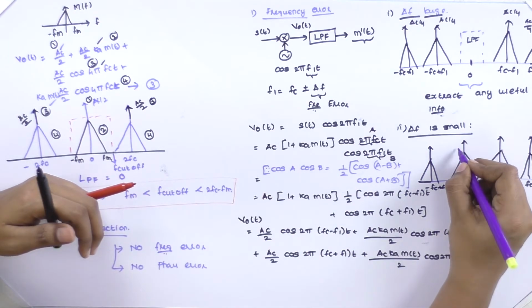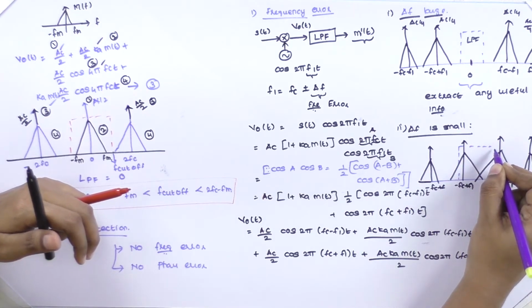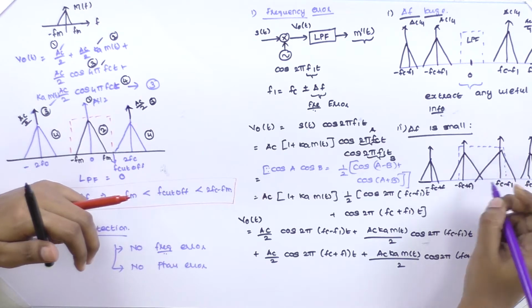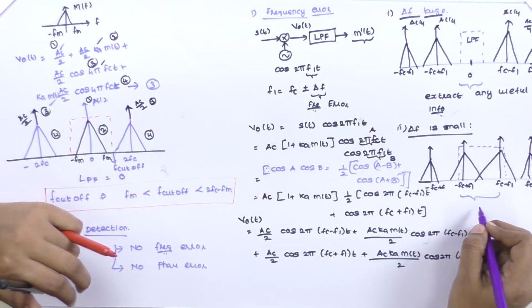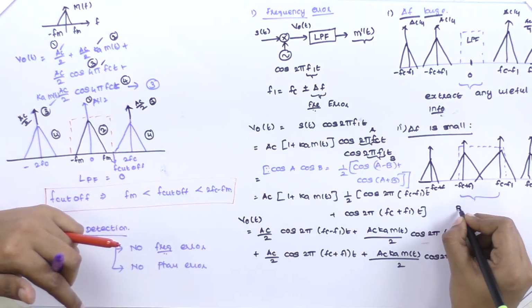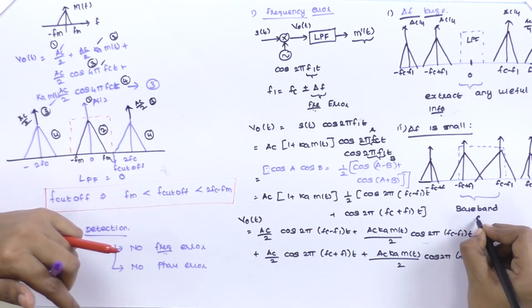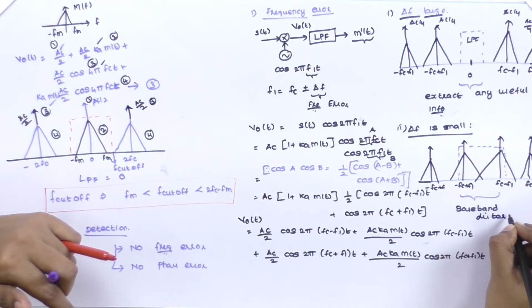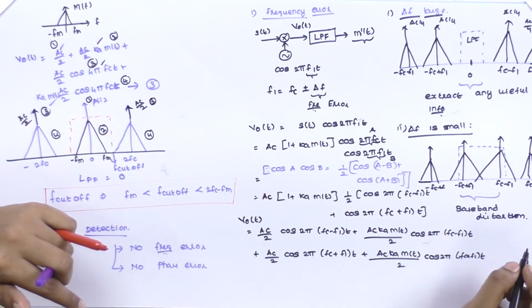So, if we have a low pass filter having a cutoff frequency lying in this region, our low pass filter will have an overlap of these two signals. Therefore, the baseband spectrum will result in a distorted wave. It is referred to as baseband distortion.